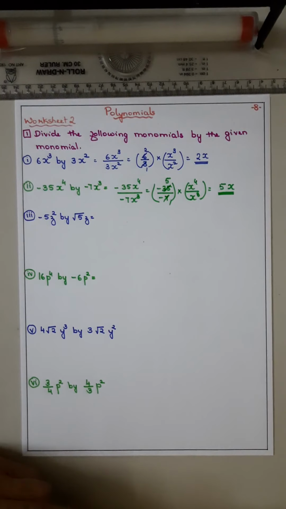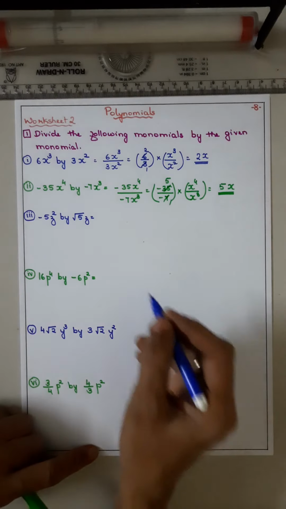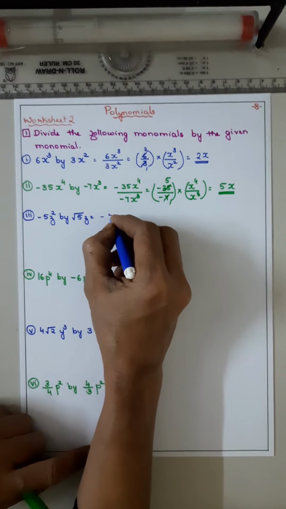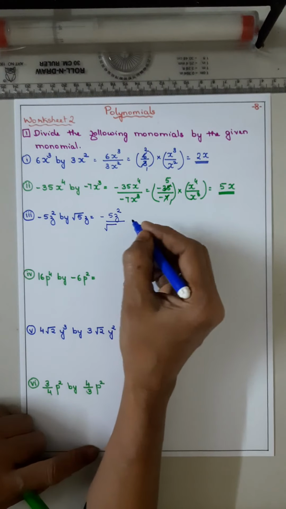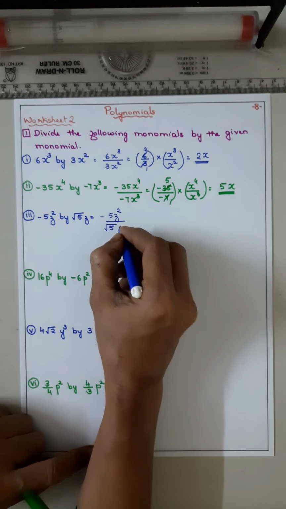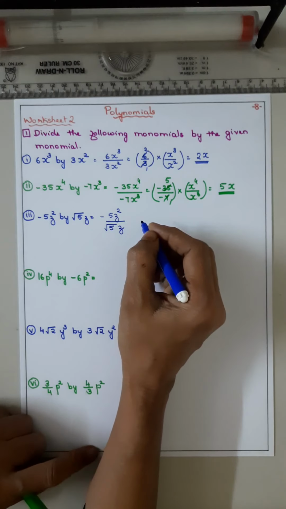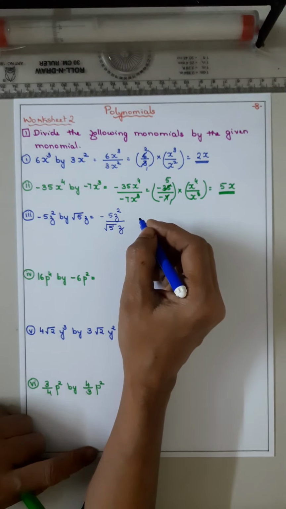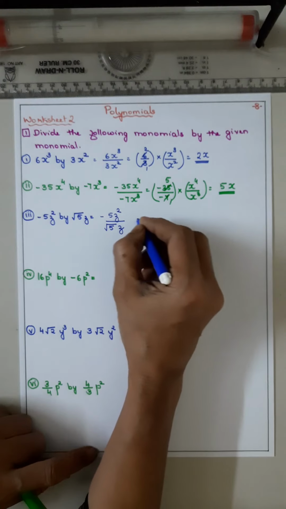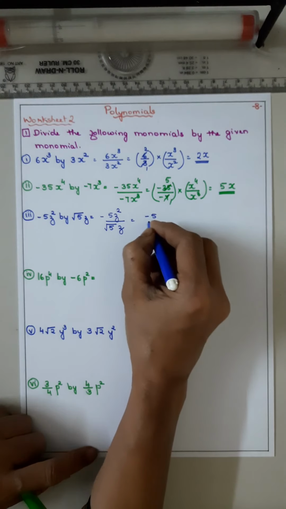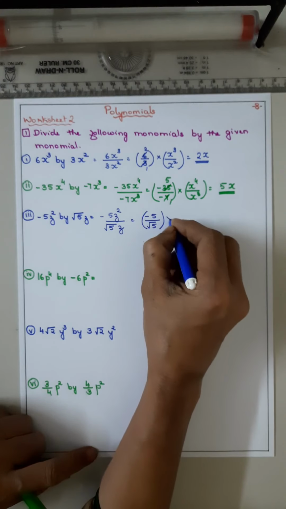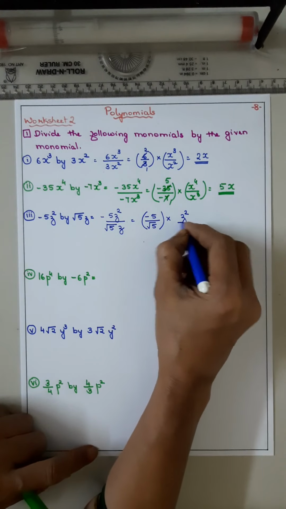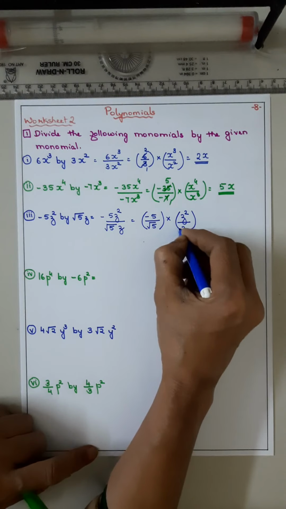Now coming to the third sum, minus 5z squared divided by square root of 5z. So here it is minus 5 upon root 5 into z squared upon z.